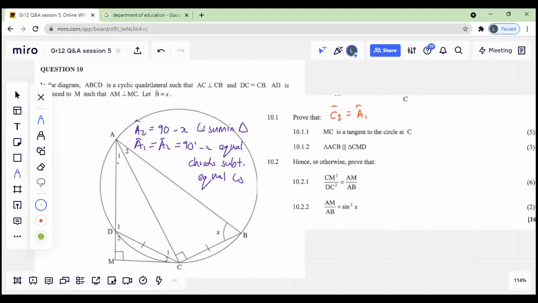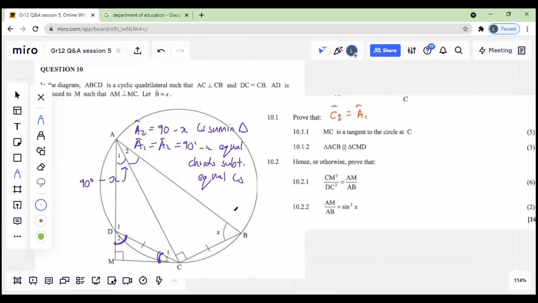So now we've got A1 and A2 equal to one another, equal to 90 minus x. Is there a way that we can prove that angle C2 is also 90 minus x? Well, there's the 90. Can we prove that angle D2 is equal to x? Why would C2 be equal to 90 minus x?